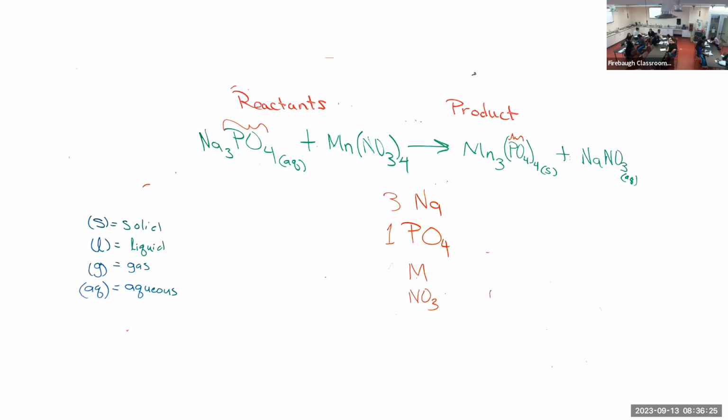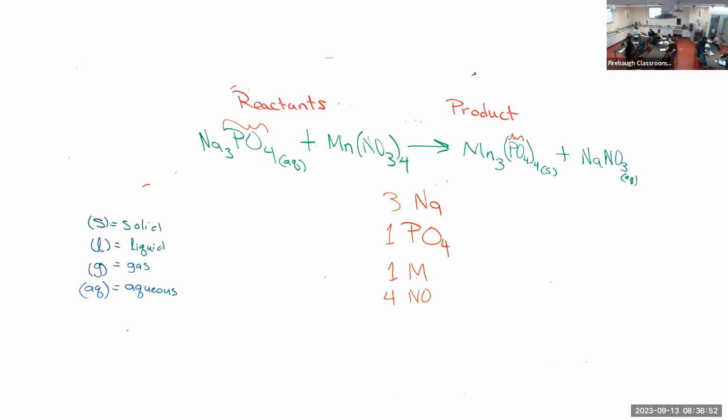And then here's the beauty of it, because if there are multiple of these polyatomic ions, we put them in parentheses, we put the number on the outside. That number on the outside tells me how many I have. So how many nitrates do I have, which is NO3? What's the number? 4, right?